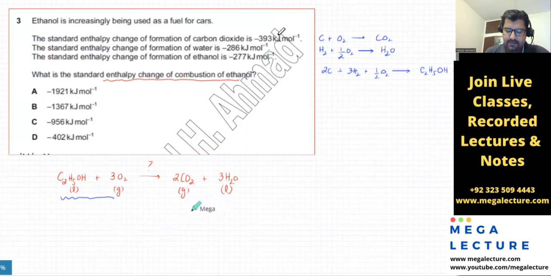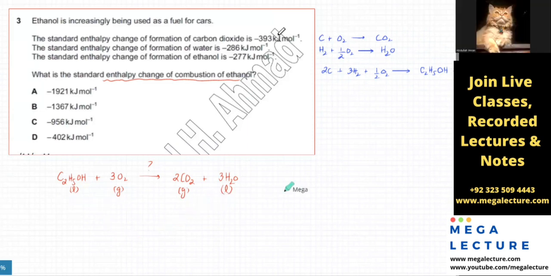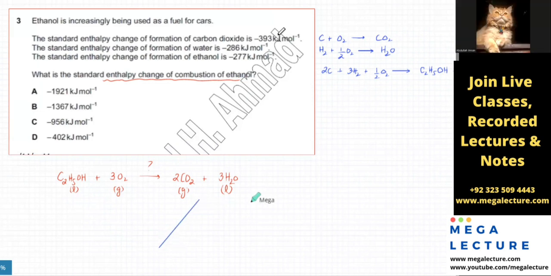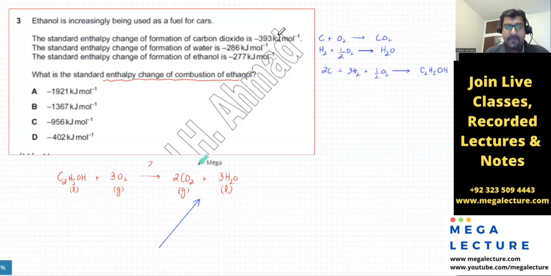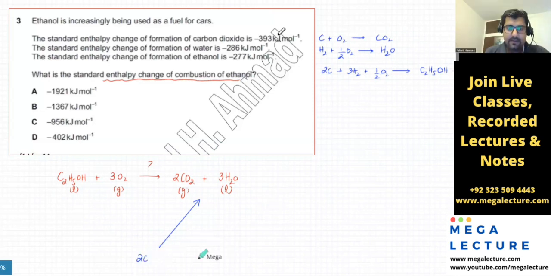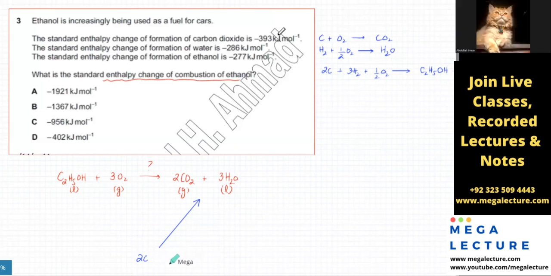So let's start over here. What they've given me is the amount of energy required to form carbon dioxide and water from its elements. If I want to form carbon dioxide from its elements, that requires 2 carbons plus how many oxygens? 2 oxygen gas molecules.